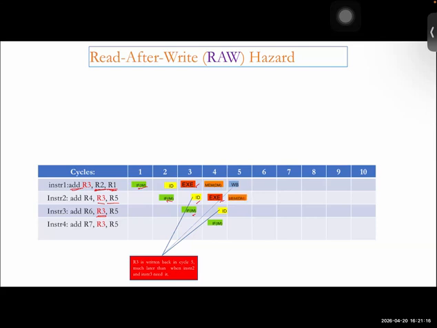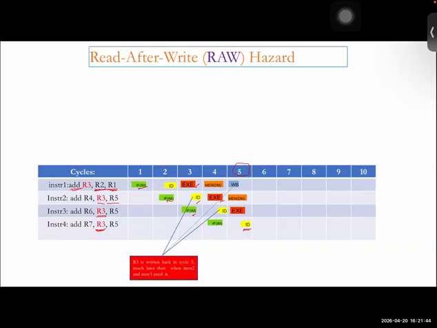Whereas the fourth instruction moves to the instruction decode stage at the fifth cycle. Instruction 4 reads the R3 value in the second half of the fifth cycle, and by that time R3 is updated, so it gets the correct value.